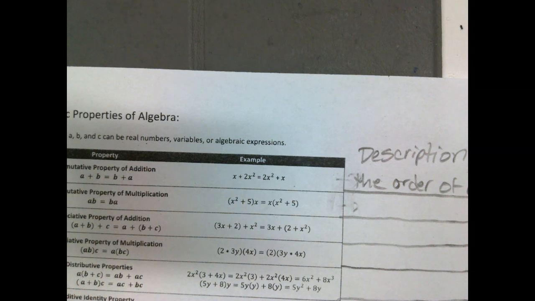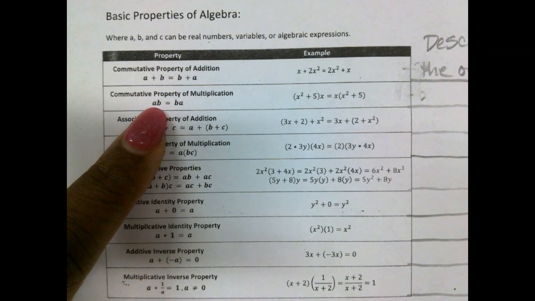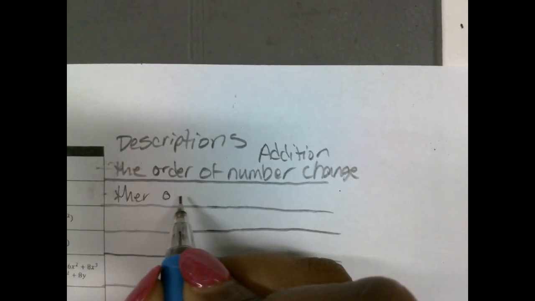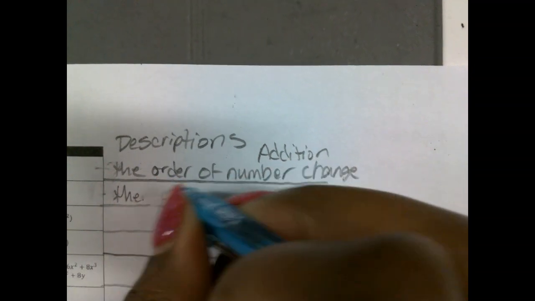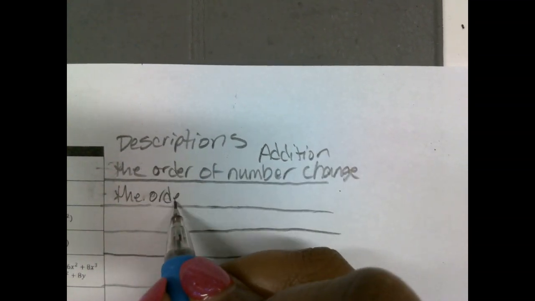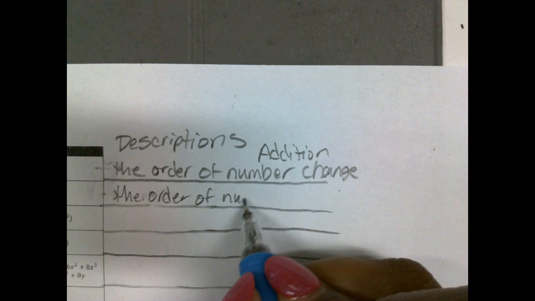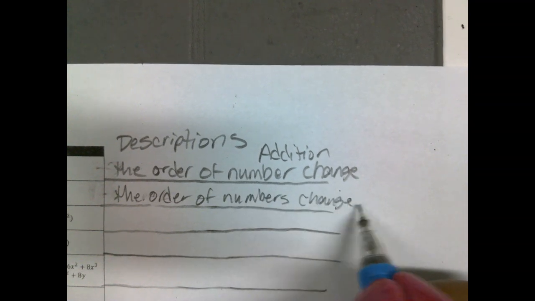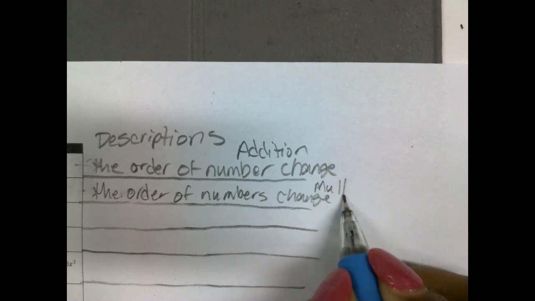But will it work for multiplication? Yes. So we're going to write the same thing for this one right here, that the order of the numbers change. And this time they're using multiplication.